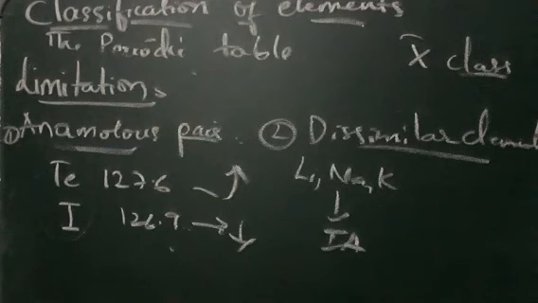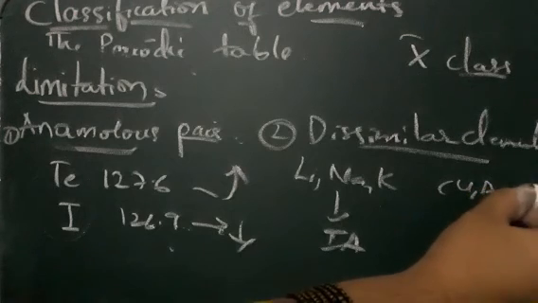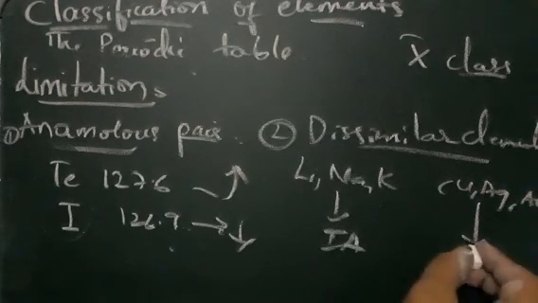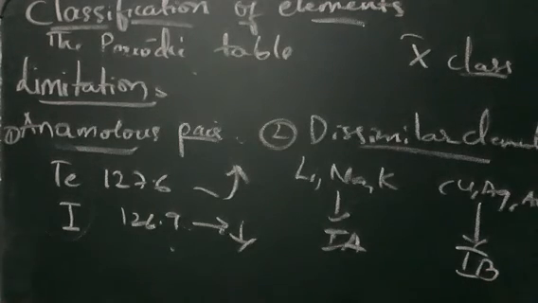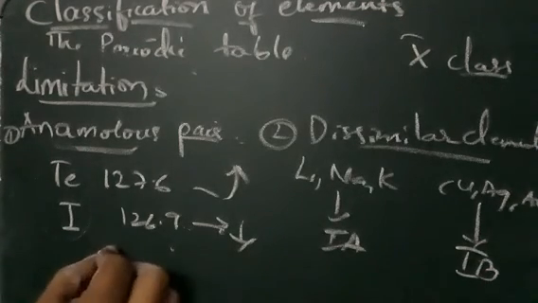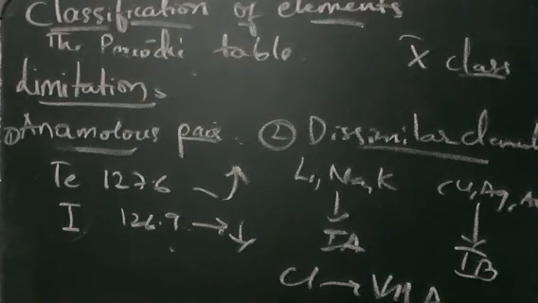And they have been placed along with the coinage metals like copper, silver, gold, etc., which are in the first group B. Chlorine is of the 7th A group and manganese is of the 7th B group.